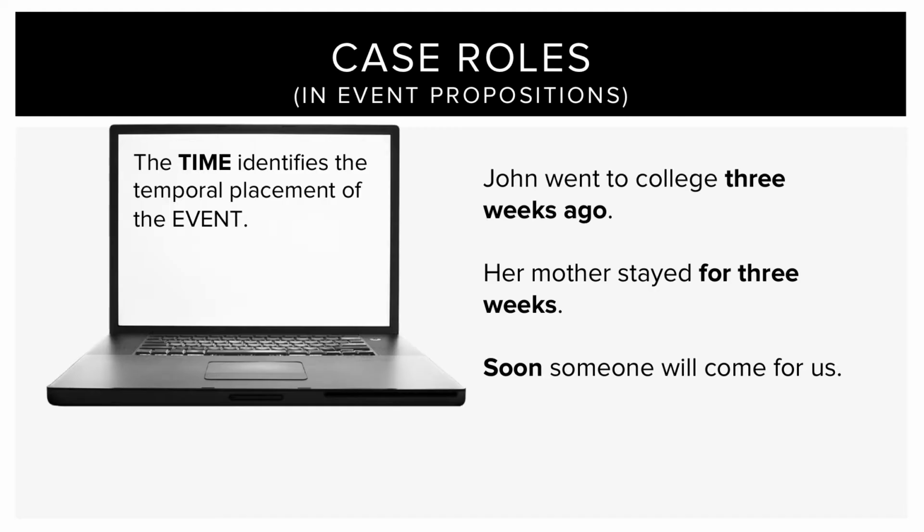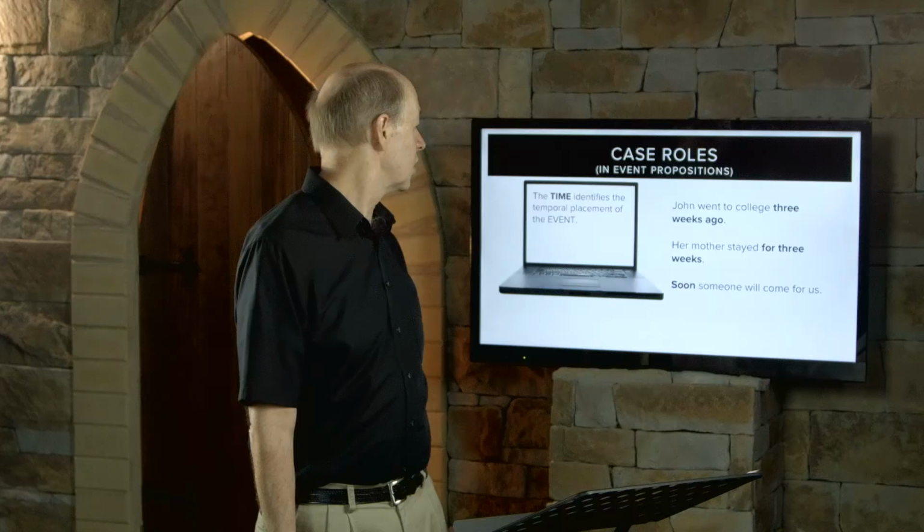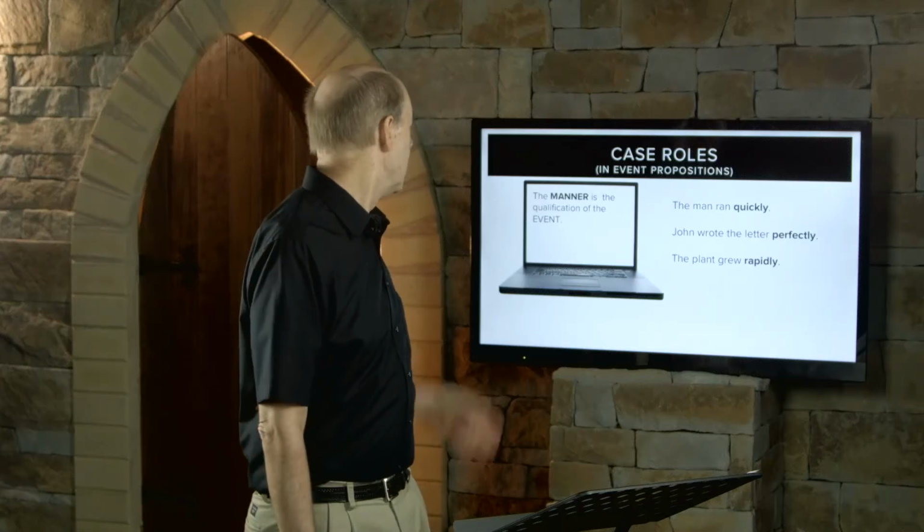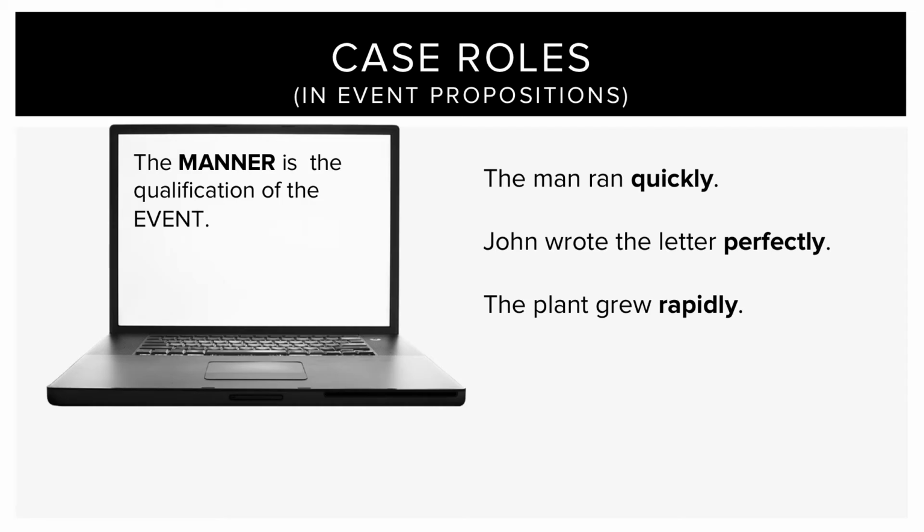The time concept identifies the temporal placement, or again, just the time of the event. John went to college 3 weeks ago. Her mother stayed for 3 weeks. Or soon someone will come for us. The manner concept gives us the qualification of an event. The man ran quickly.